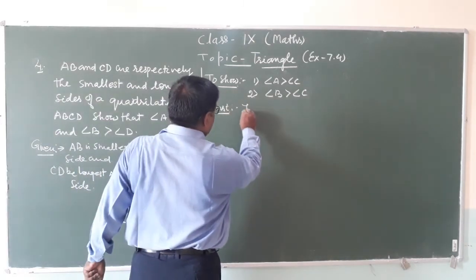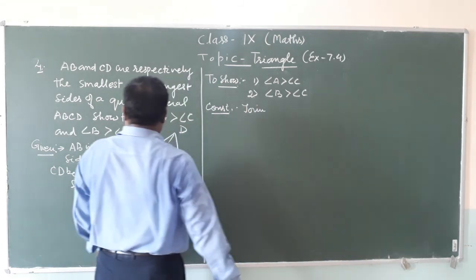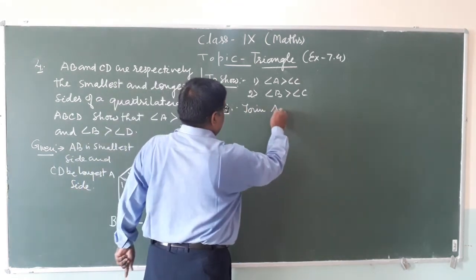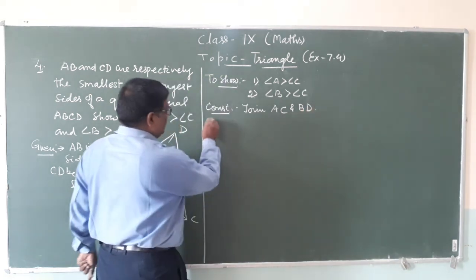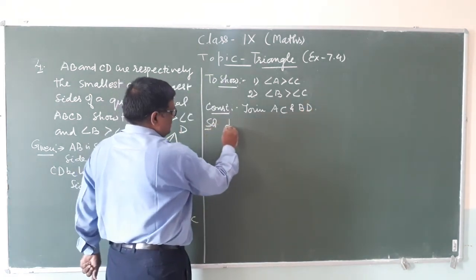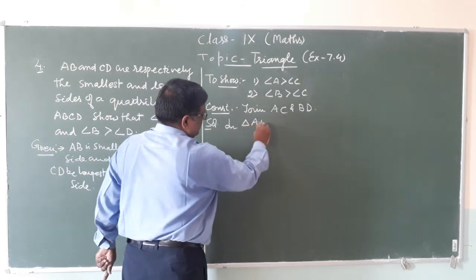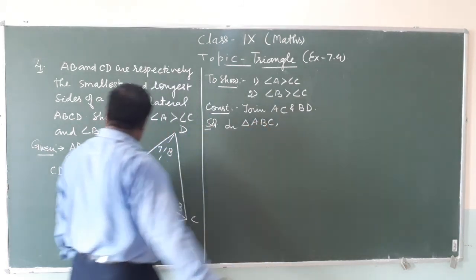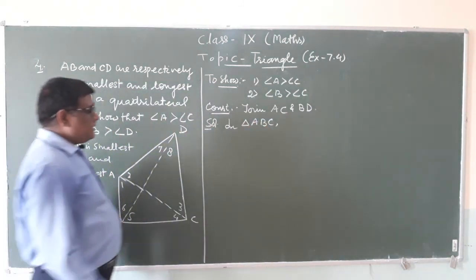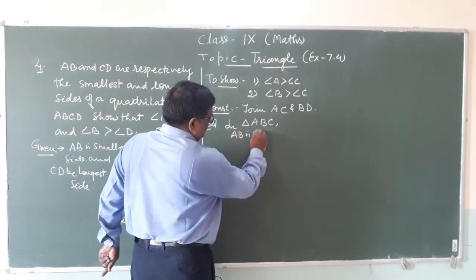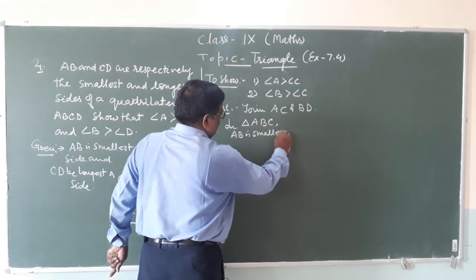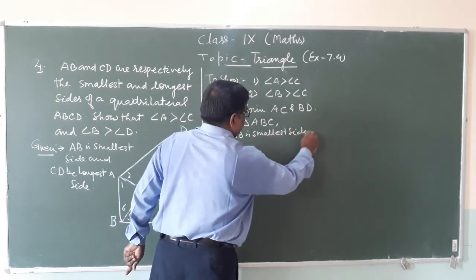Construction, join AC and BD. Now our solution is, in triangle ABC, AB is the smallest side. This is given.